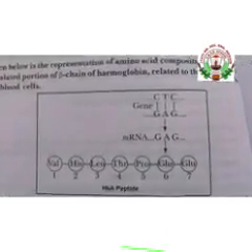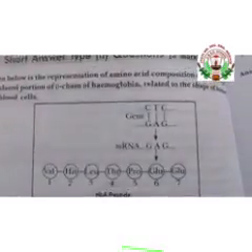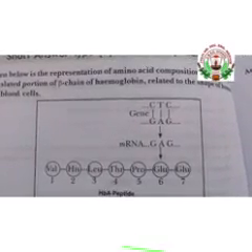Read the question clearly. You can see the diagram here showing the amino acids in a beta chain of hemoglobin.